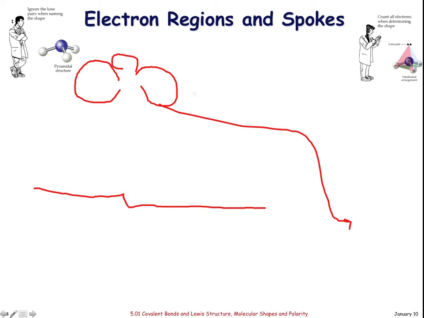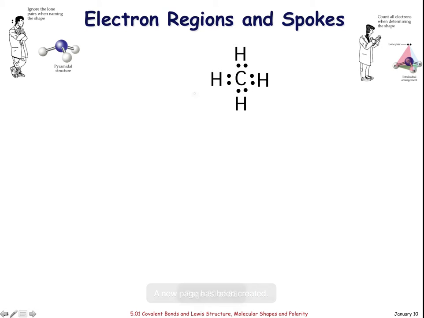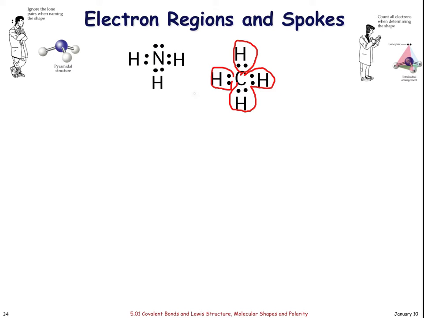Let's take a look at the next one. This is methane. If you take a look at methane, there are four regions of electron density. Remember, you need the Lewis structure to do this exercise. If you don't have the right Lewis structure, you're not going to get this right. Ammonia has four regions of electron density, but three bonded atoms, one lone pair.